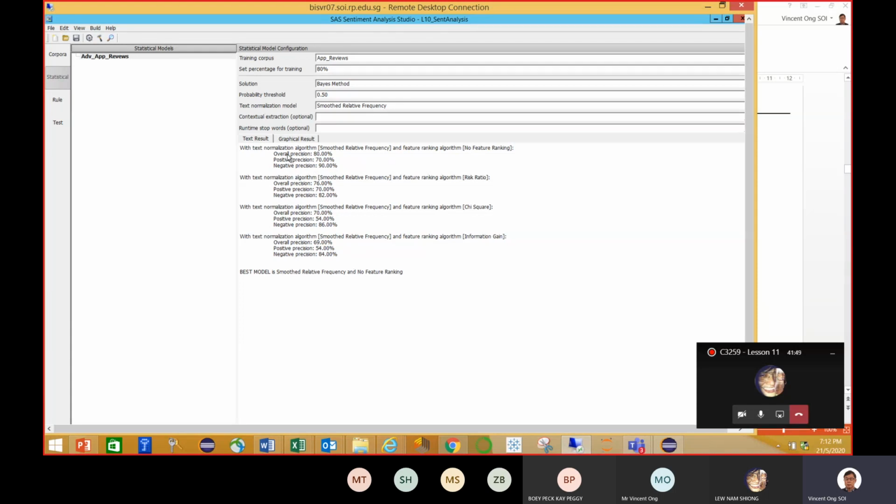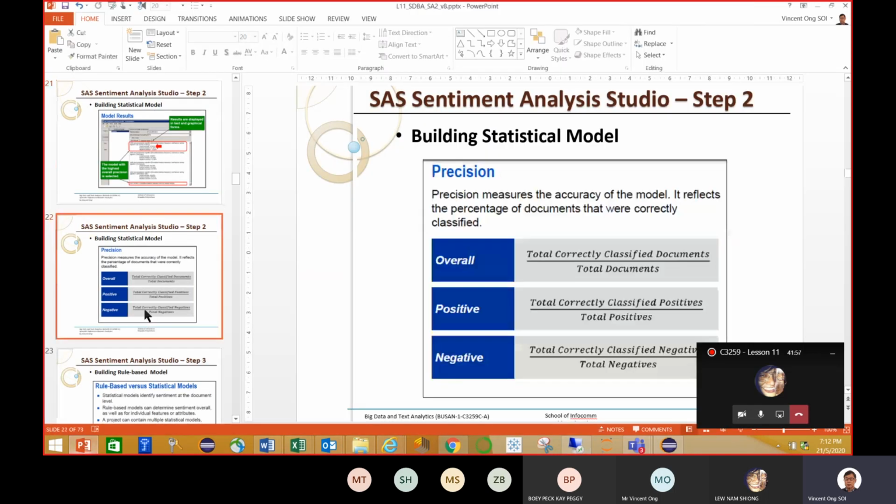So the overall precision, you look at how it is calculated. Overall, it's based on the total number of documents, how many are classified correctly, right?